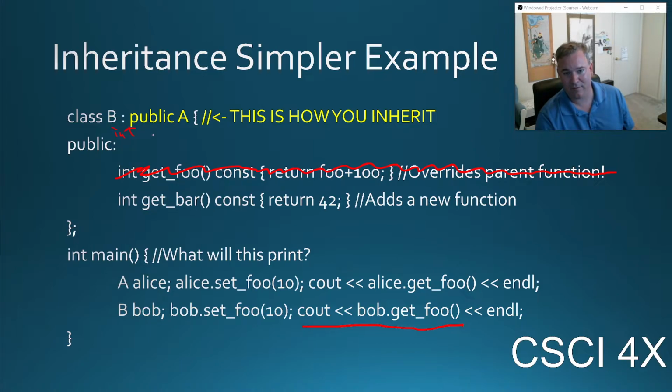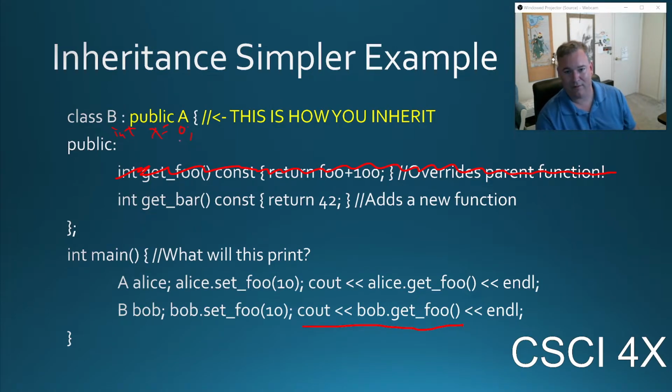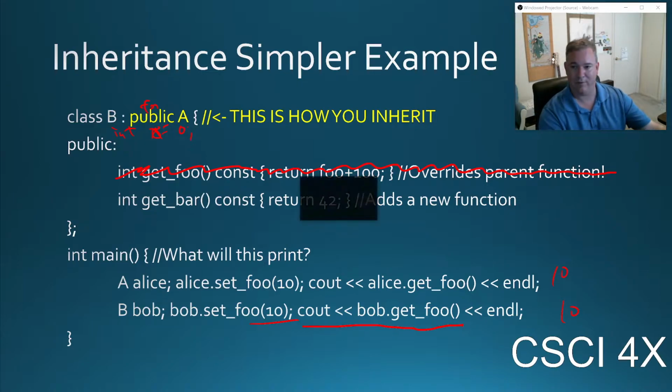So we've got int x equals 0, and we've got int get foo that returns foo, which is 10. So it'll behave exactly the same way as before. If you don't change it, the behavior of A and B is going to be exactly the same. It just copies and pastes all the code, and if you don't change it, you don't change it. And that's what happens most of the time. B will behave exactly the same way as A.